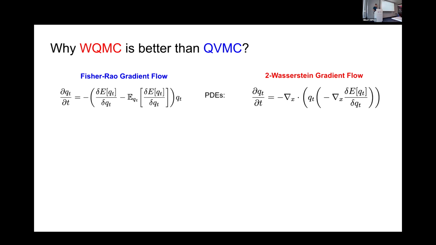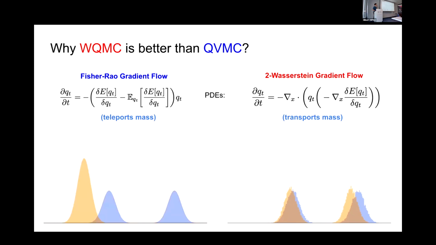Our intuition so far is that this thing teleports mass, and this thing transports mass, right here on the pictures. If we had only densities, it wouldn't really matter, because our neural network can probably learn this and that. But what's crucial is that we also have the MCMC step, which is usually done by propagating samples further.